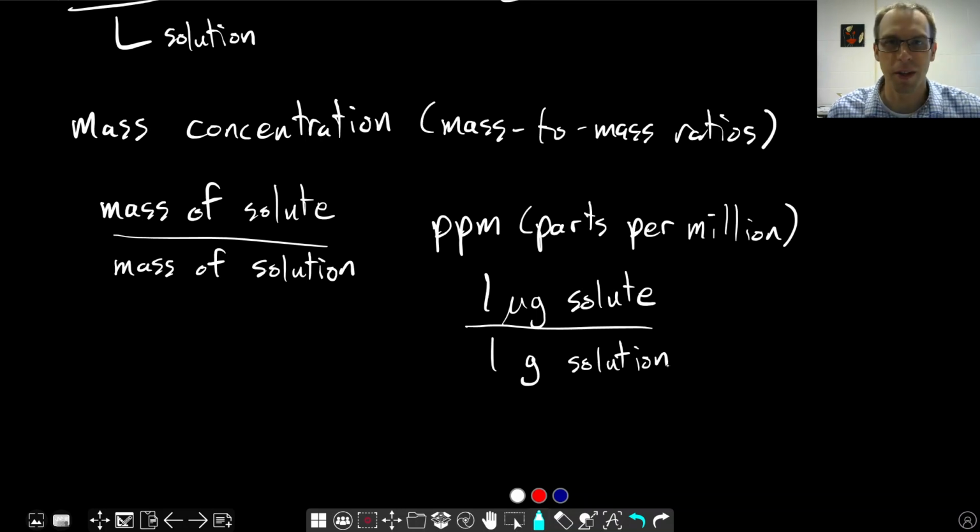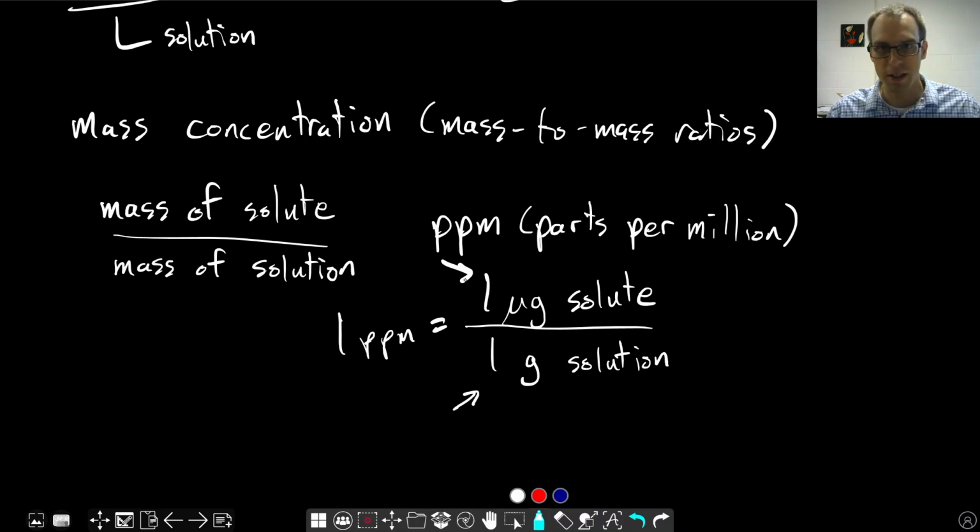Parts per million just means that if you divided your solution up into a million pieces, 1 part of that would be your solute. So if I had 1 gram of solution, a millionth of that is 1 microgram.